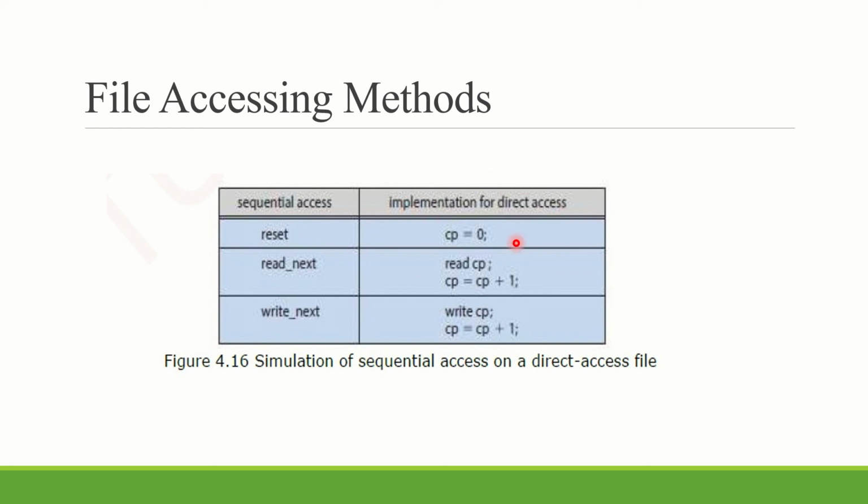Here there is a current pointer, and for reading the next, current pointer plus 1, and for writing the next, current pointer plus 1. The plus 1 just reads the next portion. Here it is read_next, and here it is write_next.